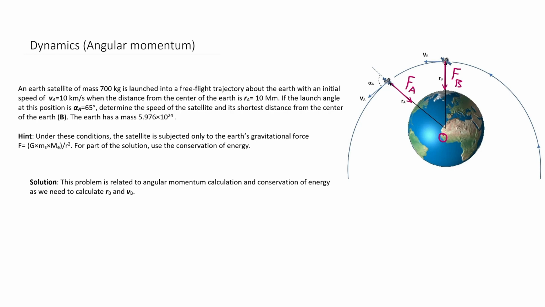First, we know that we have forces toward the center of the Earth because it's a central force, which I'm calling FA and FB at each position. And we also know that this problem is related to angular momentum and conservation of energy. So by knowing all this information, let's see what we can do.